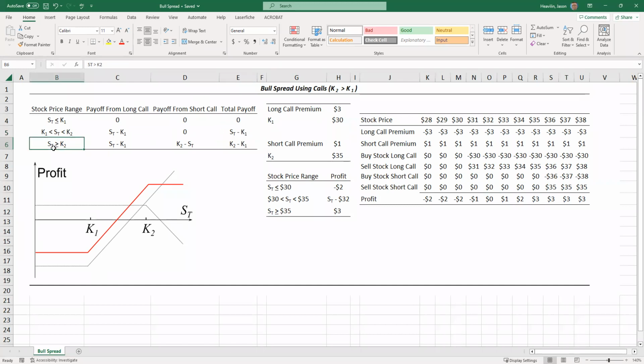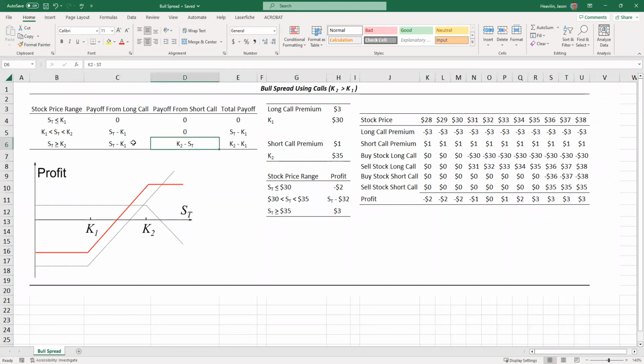The last scenario is where the stock price is greater than or equal to K2. In other words, 35 or above. If it's 35 or above, it's clearly above 30. And this is what happens. There's a payoff on the long call calculated the same way: stock price minus K1. However, now we have a payoff on the short call, which is K2 minus the stock price, so 35 minus whatever the stock price is.